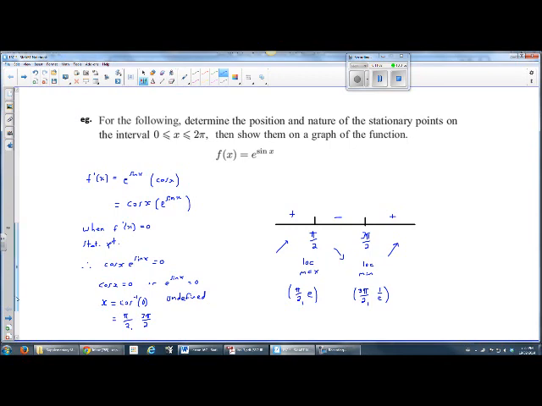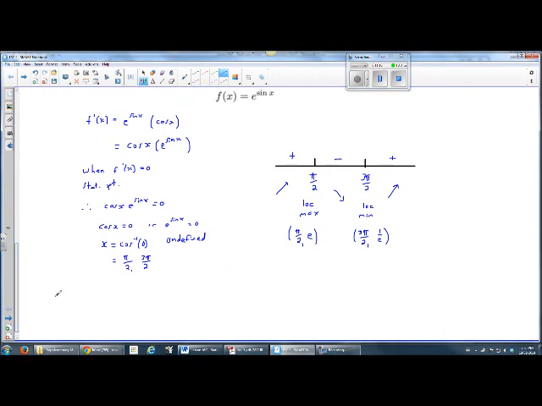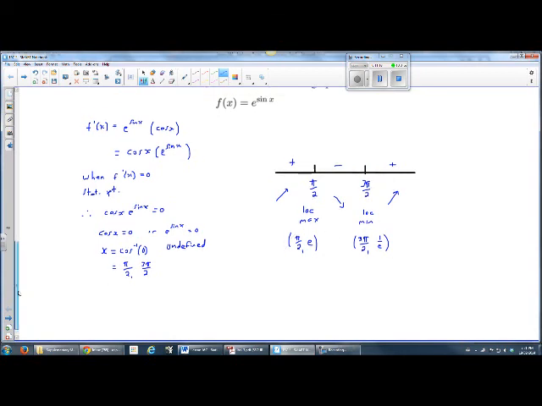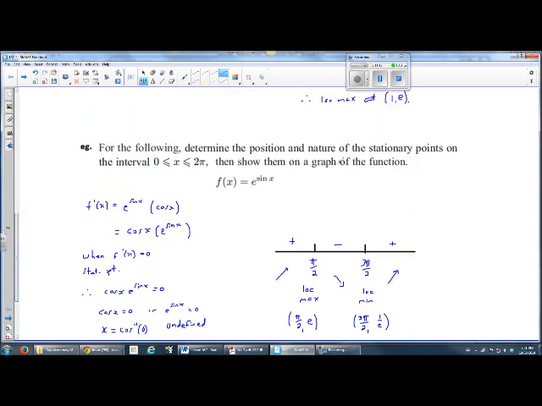Now I'll ask you to graph that. You can use graphing software or a graphics calculator. You can use Desmos to verify that the local maximum and local minimum are at those points. Okay, moving right along.